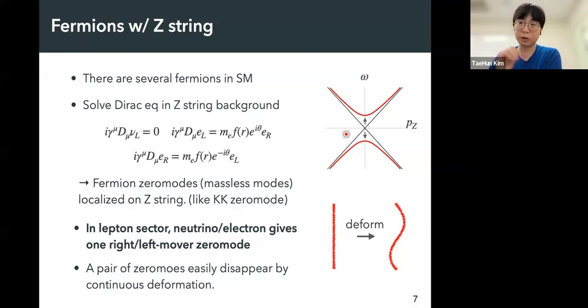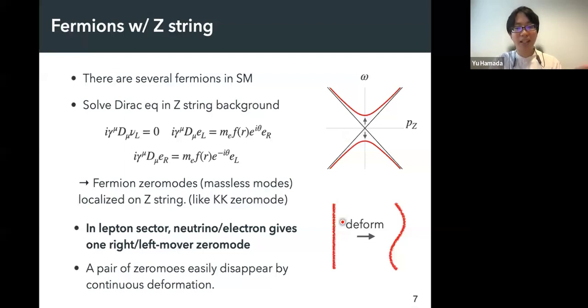So my real question is, in the Dirac equation you showed above, when the string deforms, which part is altered and the zero modes disappear? Which part of the Dirac equation?